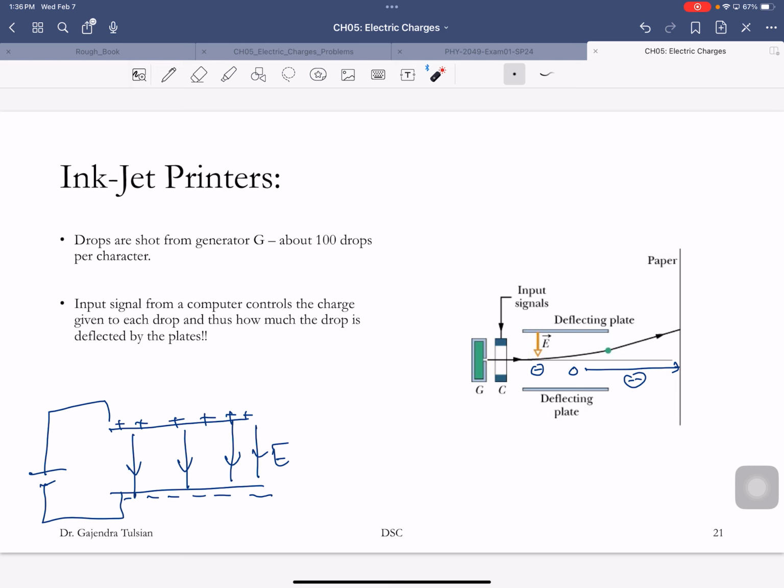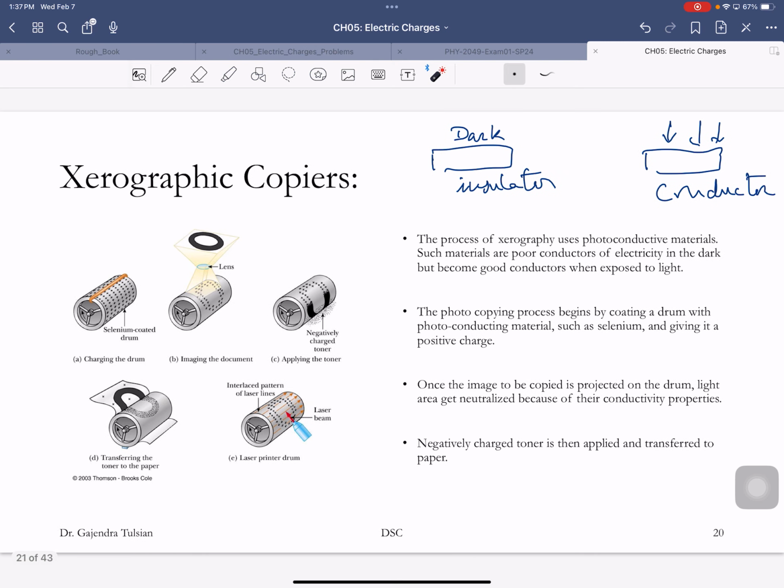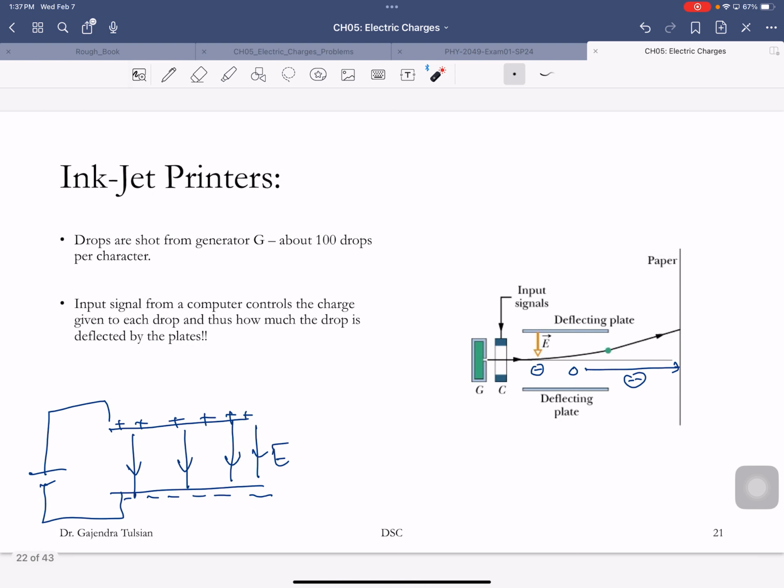So this is the right edge of the paper, that's what those are being printed. And on the left edge, this stuff is getting the most charge, and those drops get deflected. So here the printer driver is telling the laser when to turn on and off. Here the printer driver is telling how much charge to give to each drop.